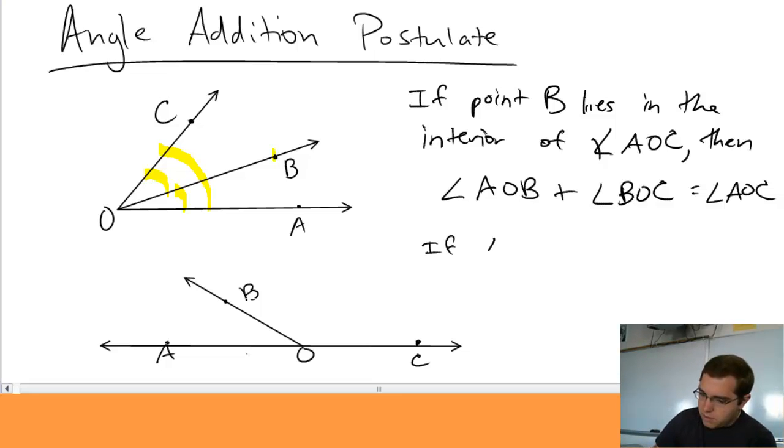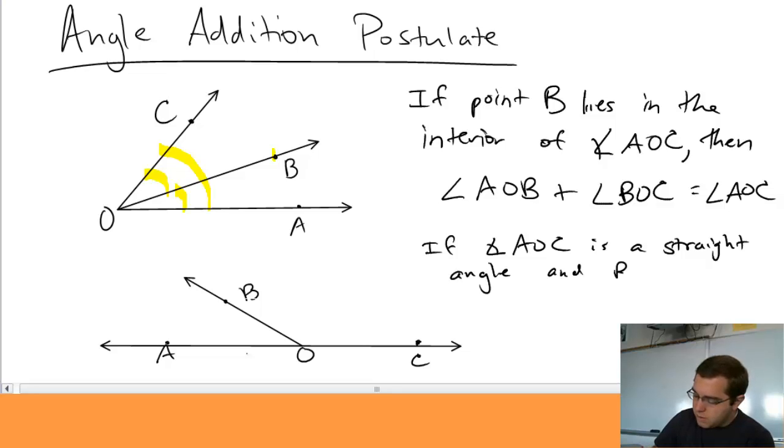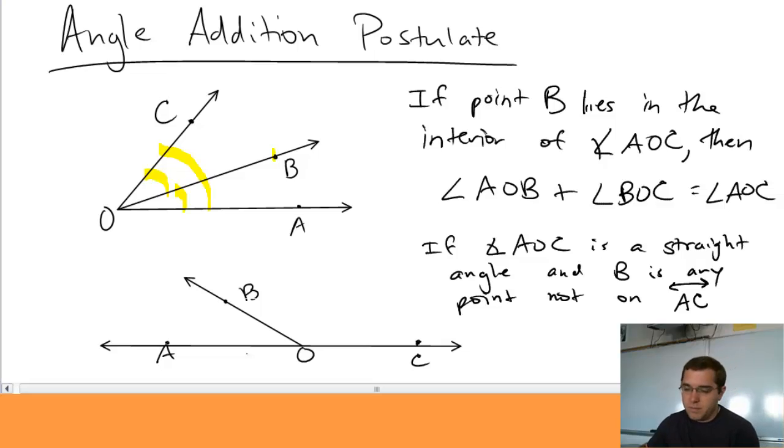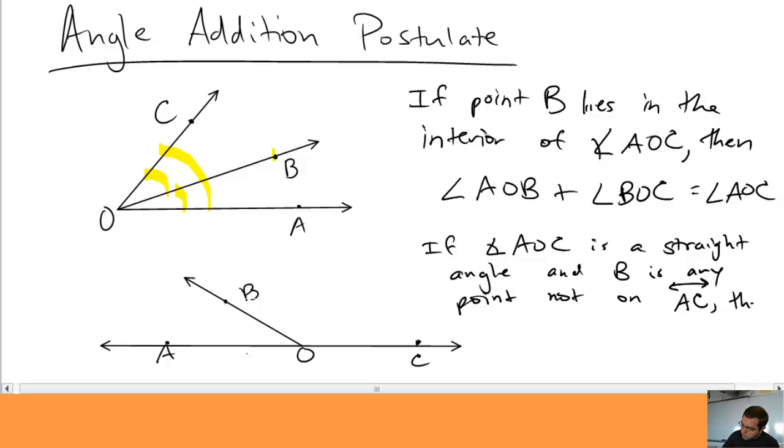If angle AOC is a straight angle, and B is any point not on line AC, remember we write a line with that symbol over it, then the measure of angle AOB plus the measure of angle BOC.